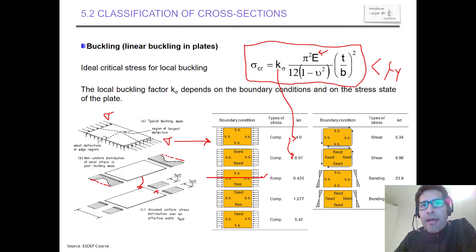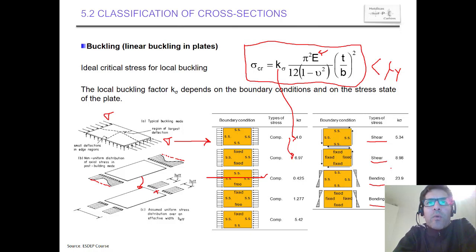And well, we can have several combinations, not only from the perspective of the boundary condition, but also from the perspective of the stress applied. Here you can see that the plate may be subjected to pure shear with different boundary conditions, or pure bending with different boundary conditions.